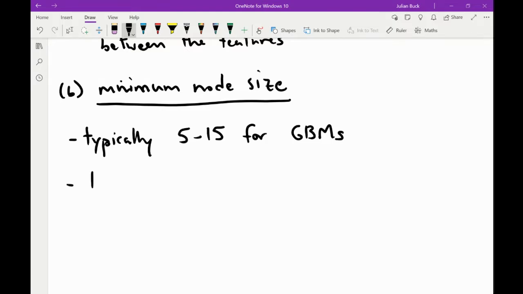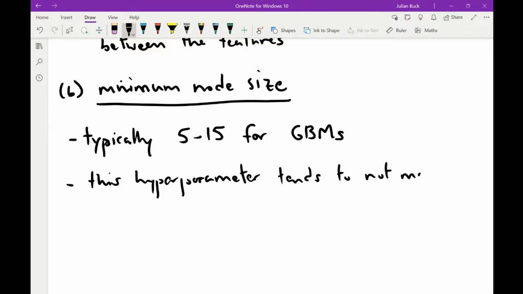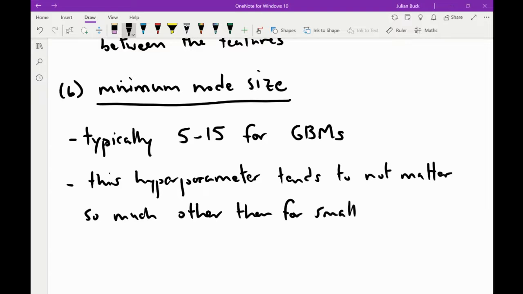So this hyperparameter tends to not matter so much other than for small data sets. So if you don't have many data observations, if you have a small data set, your nodes could get small very easily, even if it's only a small number of splits. Okay. So other than for small data sets, but since the trees have shallow depth.